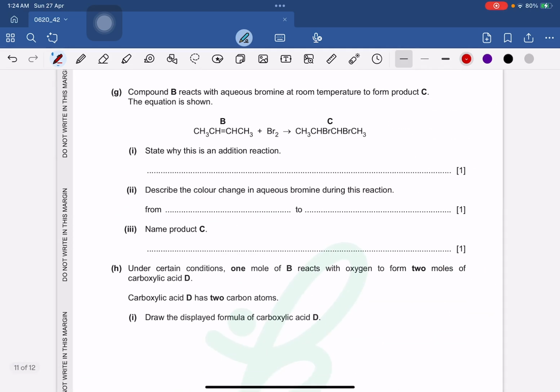Let us move on to the next question. Compound B reacts with bromine at room temperature to form product C. The equation is shown. As we can see, bromine is getting added across the double bond in the compound. So the question, state why this is an addition reaction. Now the characteristic of addition reaction is that it results in formation of only one product.